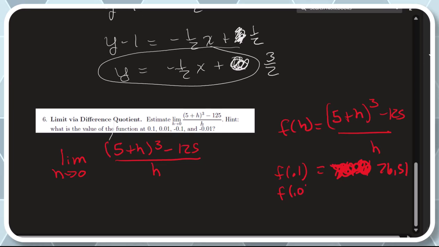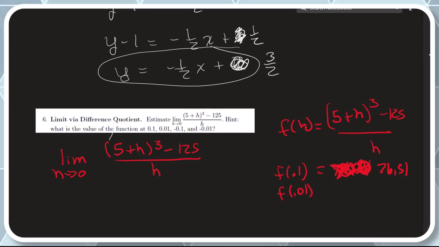If I plug in 0.01, so let's take 5.01 cubed and subtract 125 and divide that by 0.01, I get 75.1501.